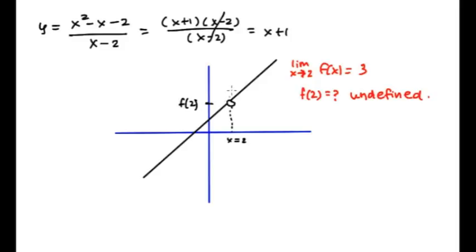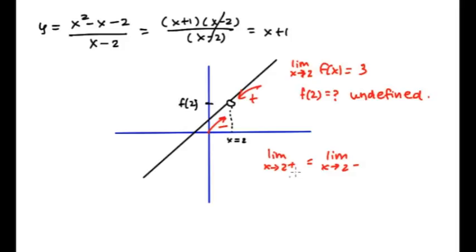And that's the key thing. The limit as x approaches 2 from the positive side must equal the limit as x approaches 2 from the negative side. This is the negative side, and this is the positive side. They must converge to the same value, the same y value, or else the limit does not exist.